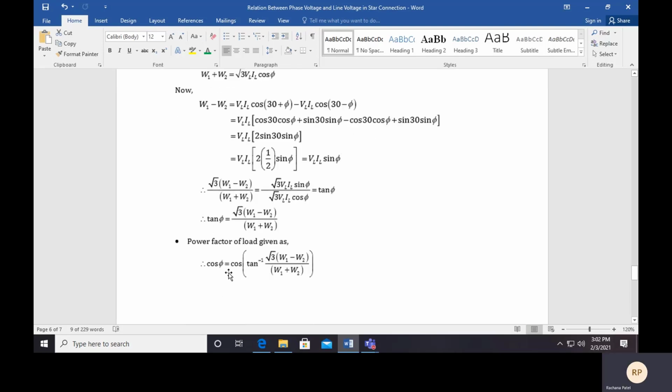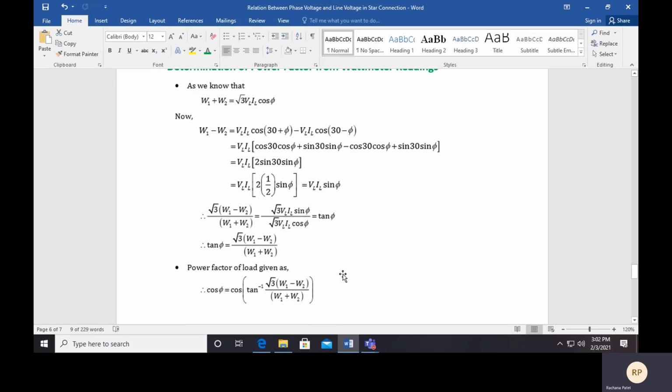Or we can say phi is tan inverse of root 3 times W1 minus W2 upon W1 plus W2, and cos phi is the cosine of that. So this formula will help to calculate the power factor given by the series RL combination load.